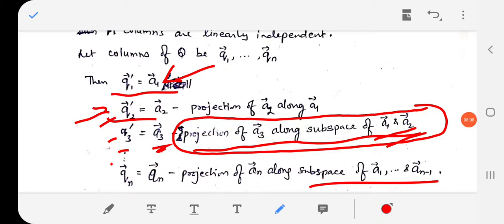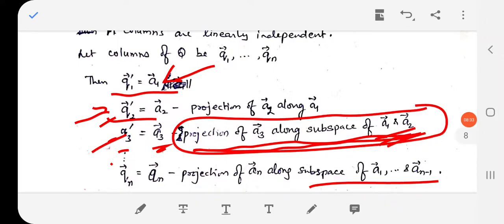Now instead of a1, a2 as linearly independent vectors as the basis, we will take orthogonal basis vectors. And so instead of taking the projection along a1 and a2, we will take the projection along a1 first and then the projection along a2, and then subtract both to get the thing done.